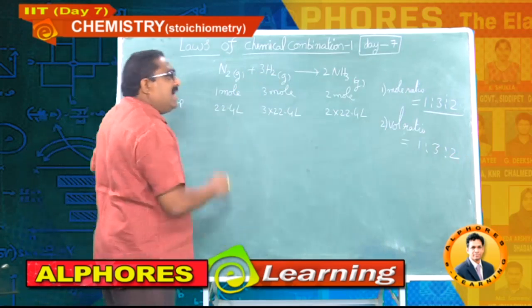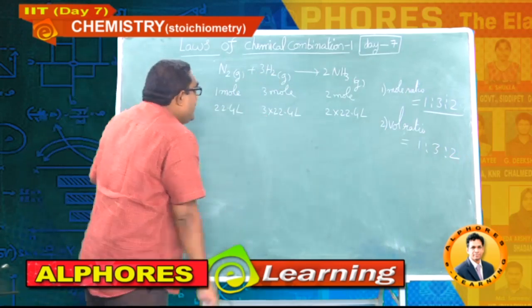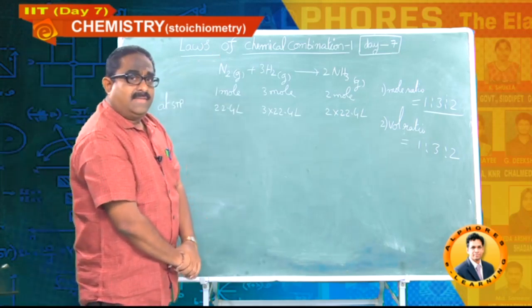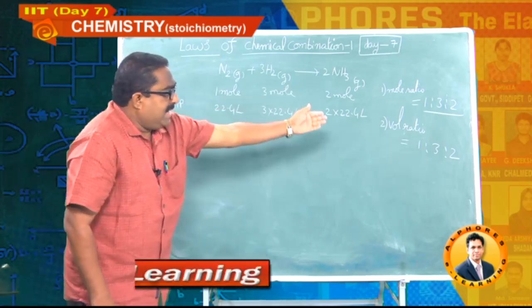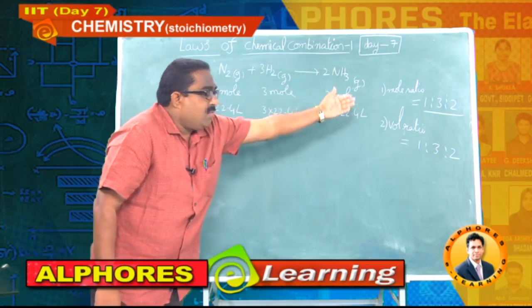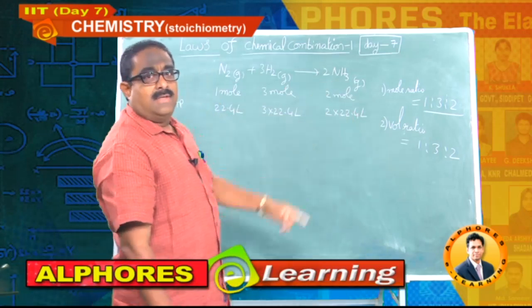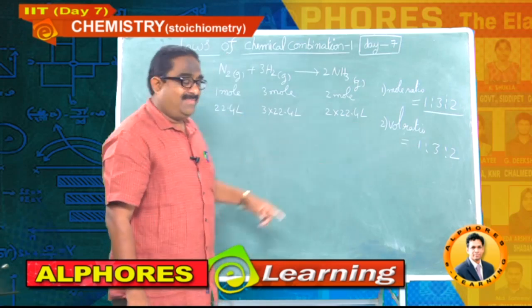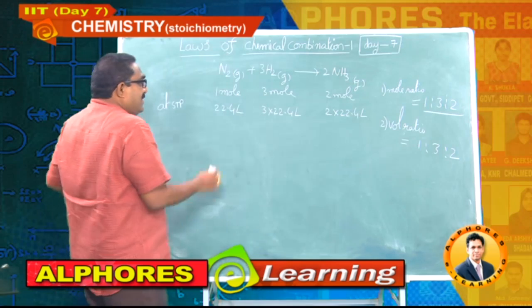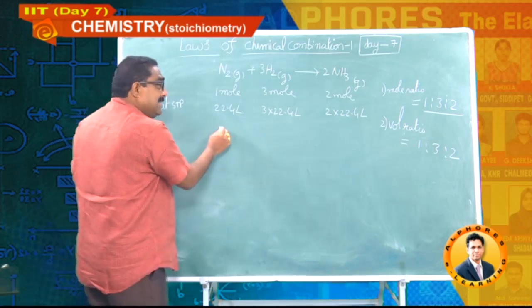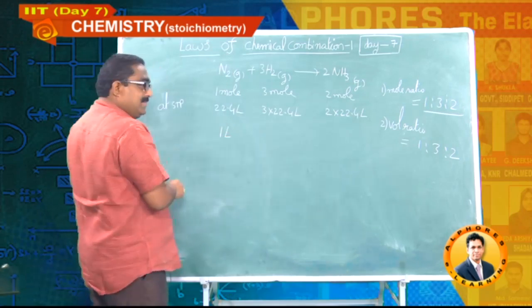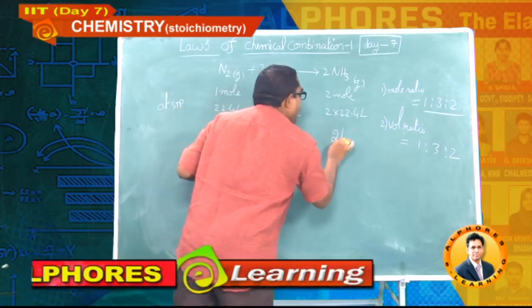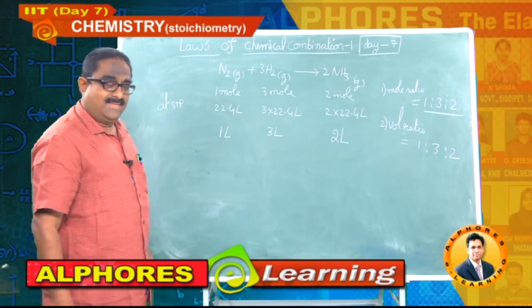Suppose you had some other condition. So simply you can write here, for reactions involving gases, the moles ratio is exactly equal to the volume ratio. So simply you can also write like this, students. 1 liter can combine with 3 liters. No doubt it will form 2 liters only.